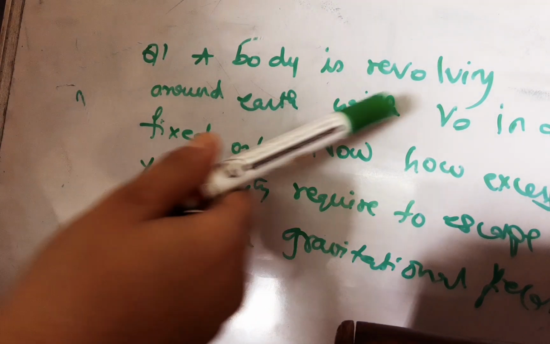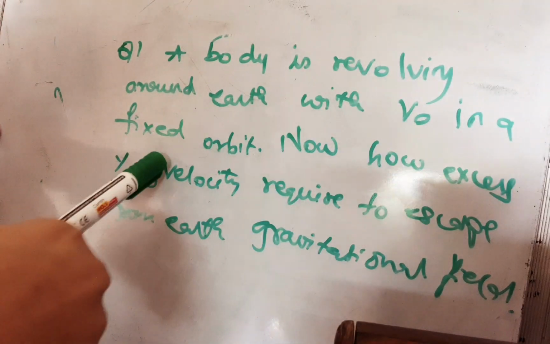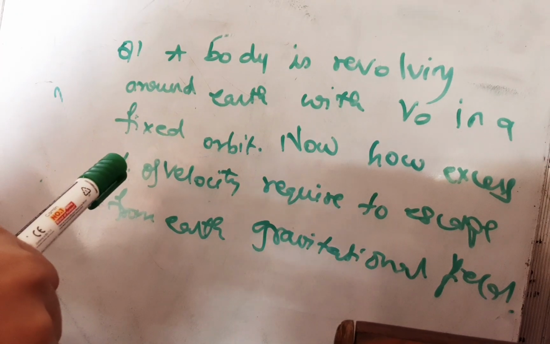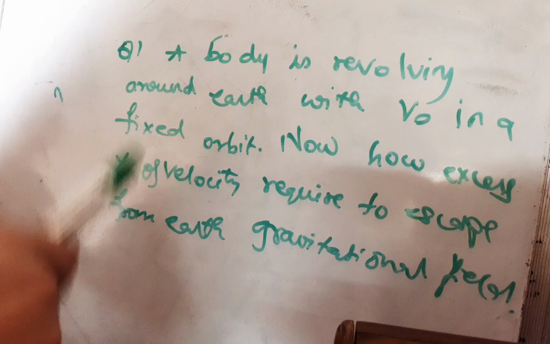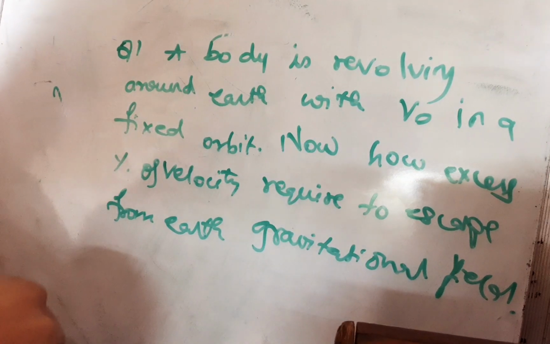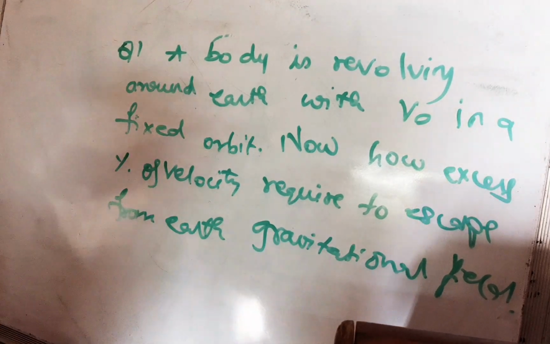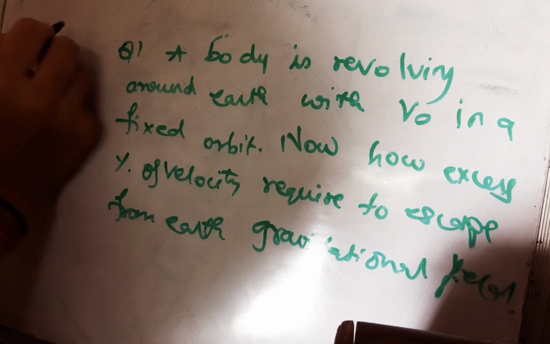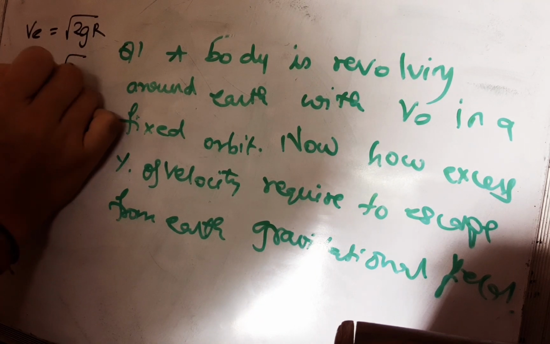Okay, a body is revolving around Earth with v0 in a fixed orbit. Now, how much excess percent of velocity is required to escape from Earth's gravitational field? So you know that escape velocity was under root of 2gr and orbital velocity was under root of gr.